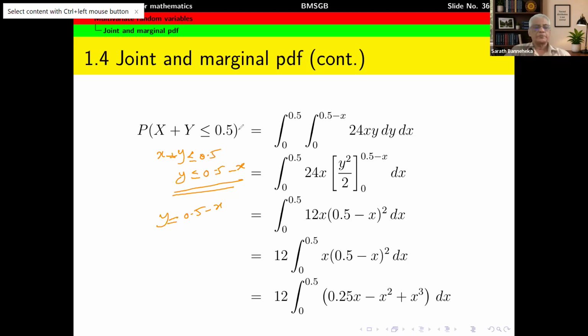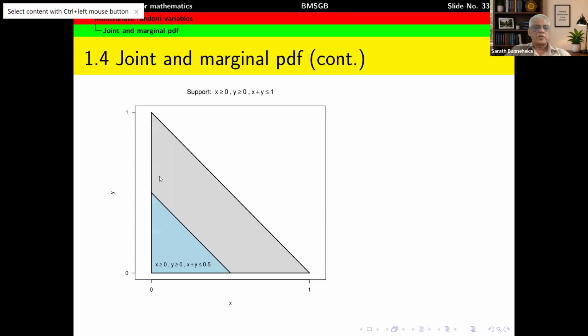So if you do that, you will see that the area that you are considering is this area, the area in the blue color here. So this is the area where x plus y is less than or equal to 0.5. Right.